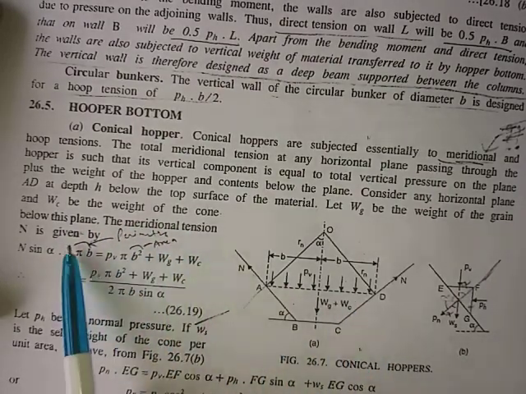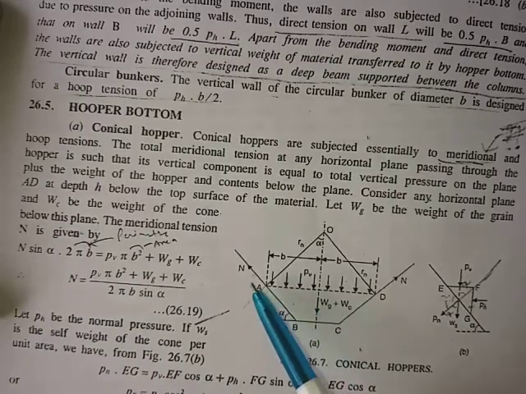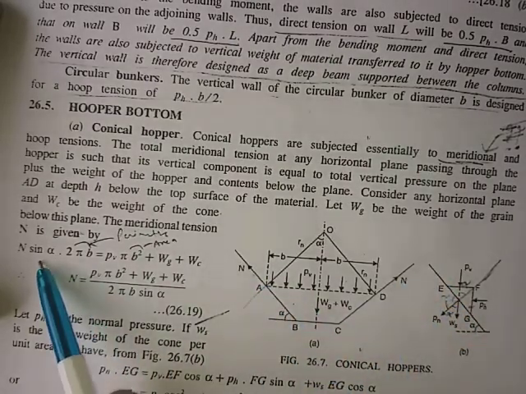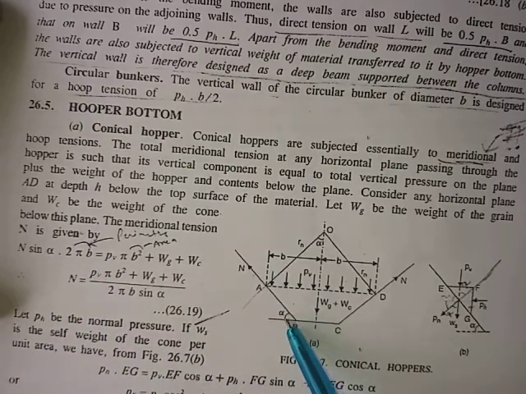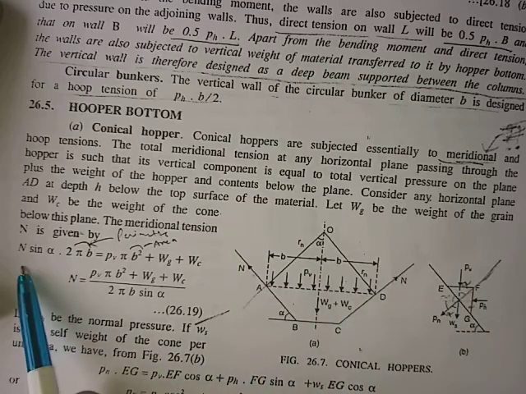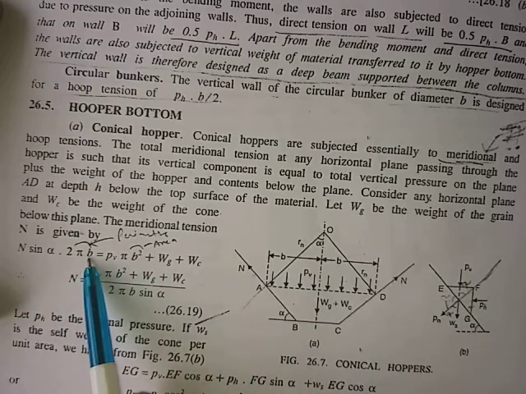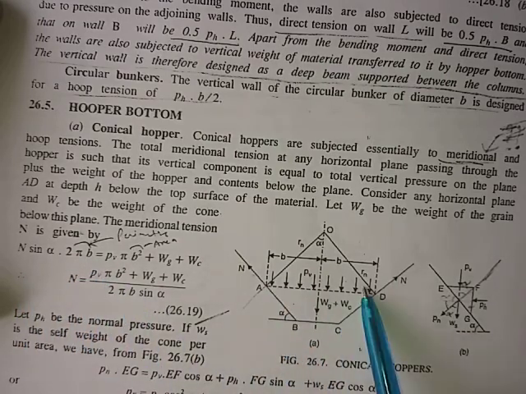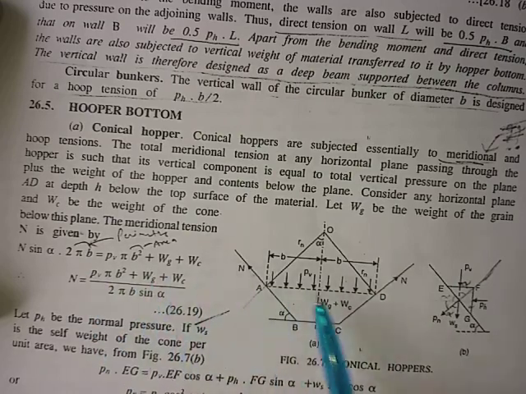The meridional tension N is acting in this plane. So it is given by N sine alpha, where alpha is the angle of the hopper bottom at the base. So it is N sine alpha into 2 pi d, where 2 pi d is the perimeter at this plane AD, equal to the weight acting.